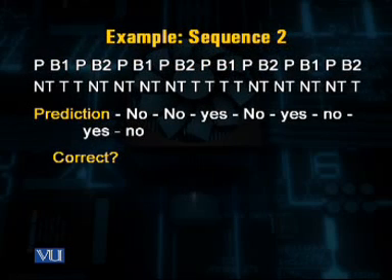The above table shows that when B1 and B2 both alternate between taken and not taken, the accuracy of the 1-bit predictor improves to 50% as compared to the case where B1 is always taken and B2 is always not taken, as in our first sequence.